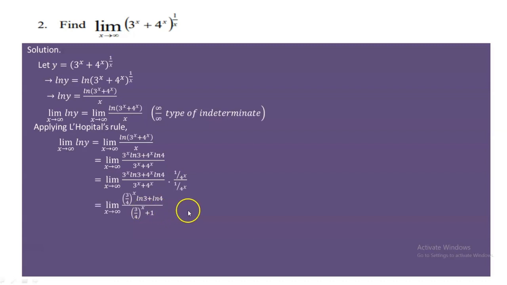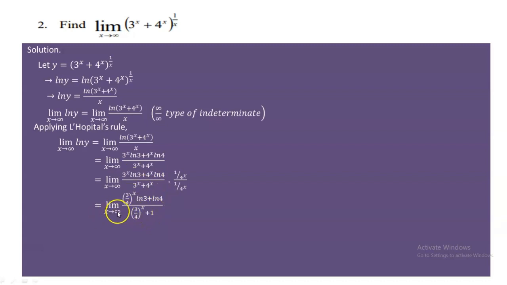As you are doing this, you can have 3^x over 4^x, you can write it like this, and ln 3 comes here. Now look here, 4^x can be cancelled by 4^x, ln 4 can come, and here again 1 over 4^x can cancel this one, and you do have 1 here, and then (3/4)^x.